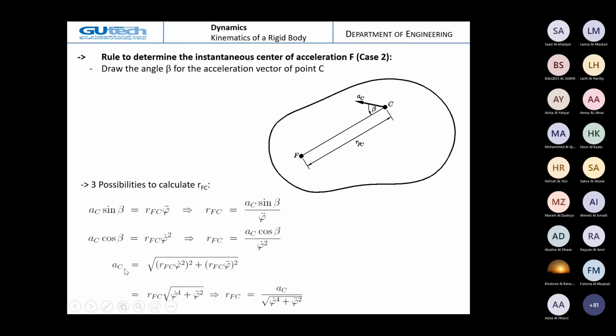Now the magnitude of the acceleration is the sum of the normal one squared plus the tangential one squared. Then we put away RFC, and we can get the value of RFC, knowing AC, the acceleration of the point C, and the angular velocity and the angular acceleration.